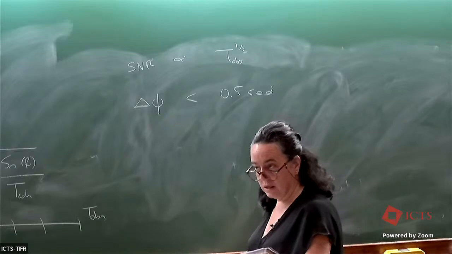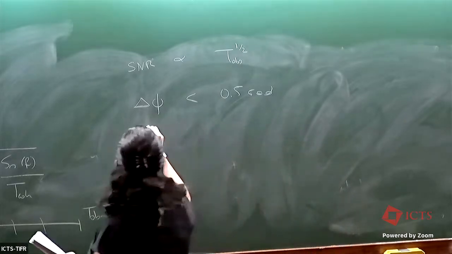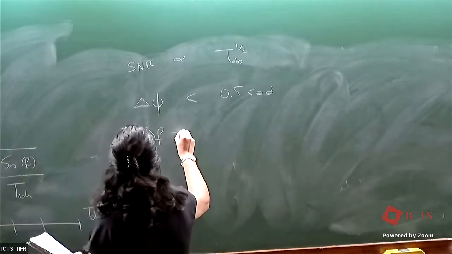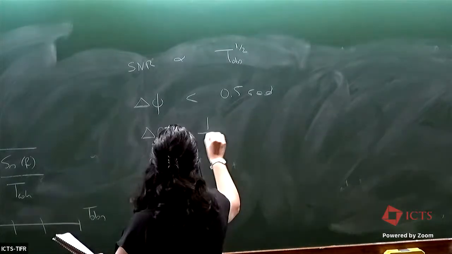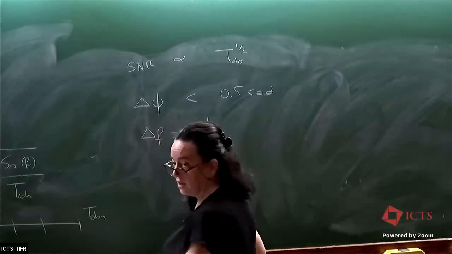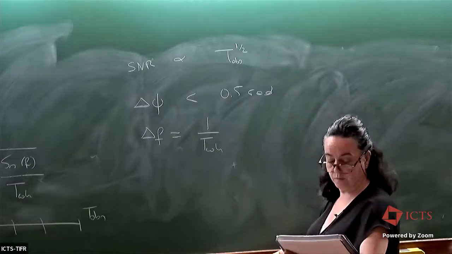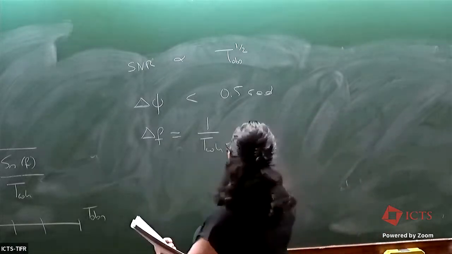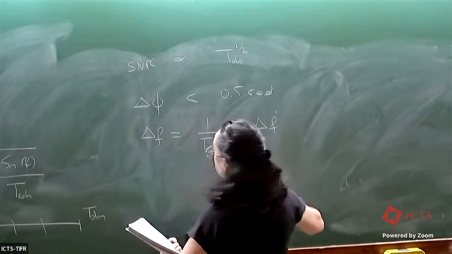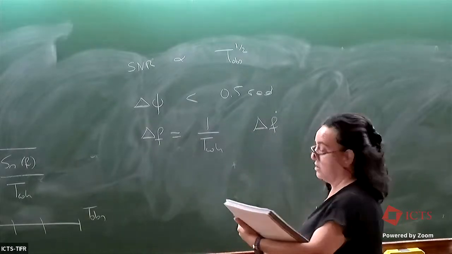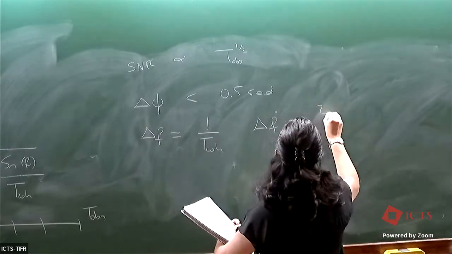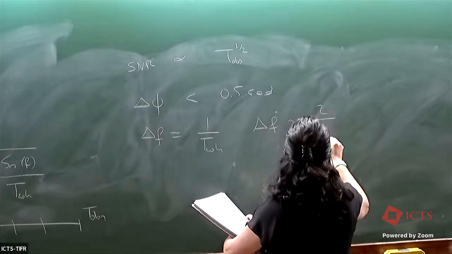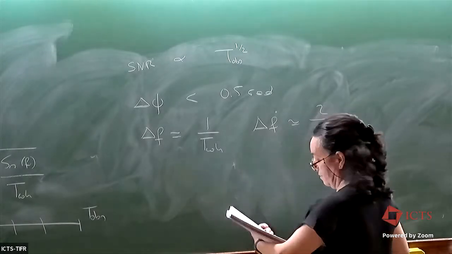That means that my frequency resolution is fixed by the coherent integration time. The grid in the first frequency derivative is going to scale like 2 times T coherent squared.